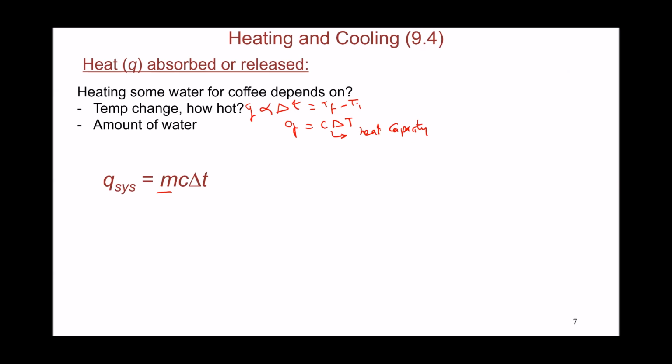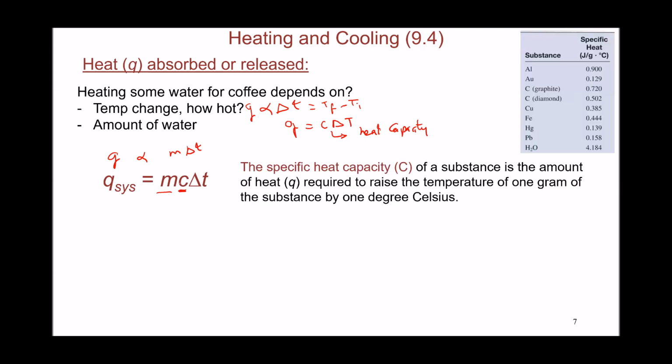So the heat needed is proportional to both mass and change in temperature, and the proportionality constant c is called the specific heat capacity.